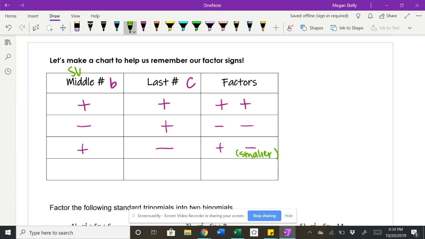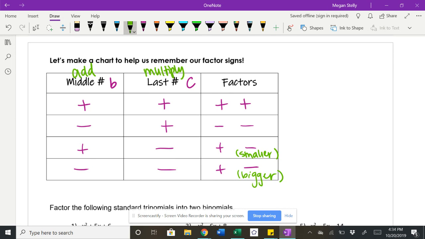Because remember, the middle number is the sum, the last number is multiply. We're multiplying to get the last number, and we're adding to get the middle number. And our last one, when they're both negative, middle number negative, last number negative, this time our bigger factor is going to be negative.